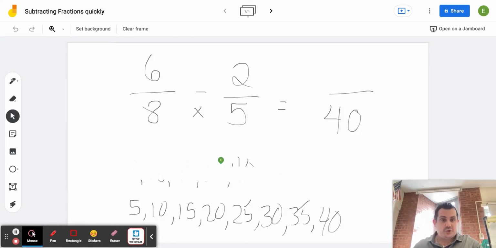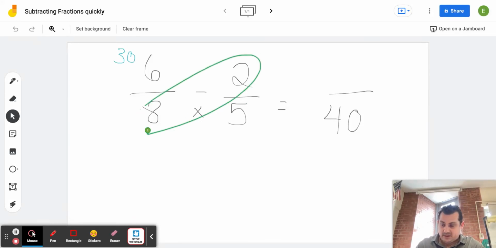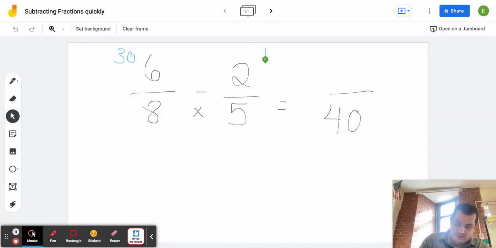When you have your initial problem right up here, all I'm going to do now is cross multiply. I'm going to take this 5 and 6, multiply them together, and get 30. Then I'm going to multiply the 8 and the 2, and get 16, which gives me 30 minus 16 over 40.